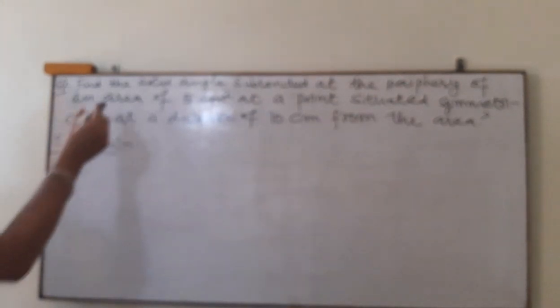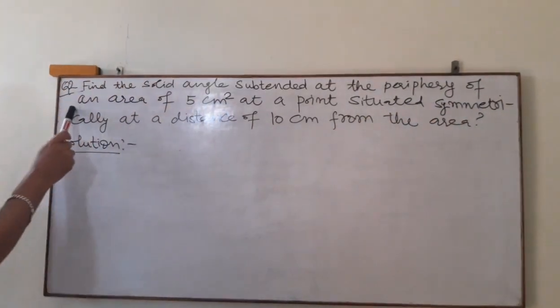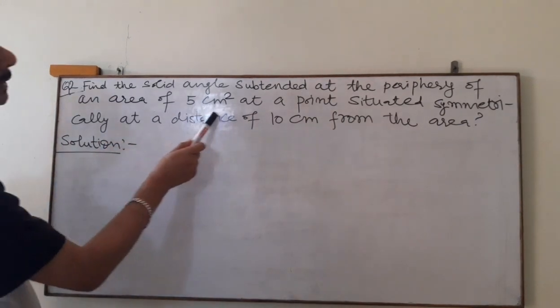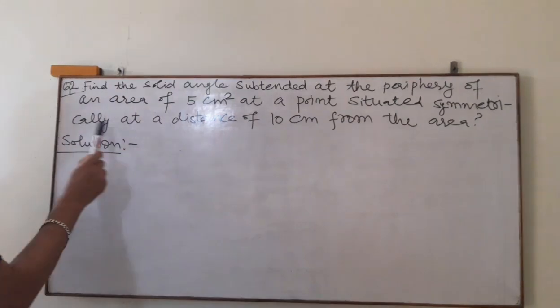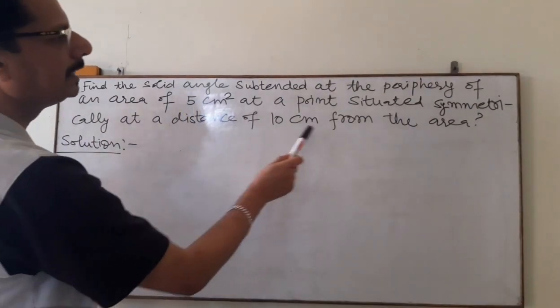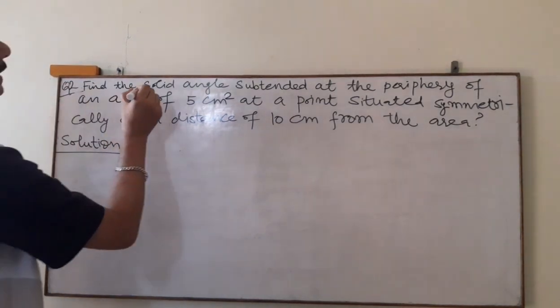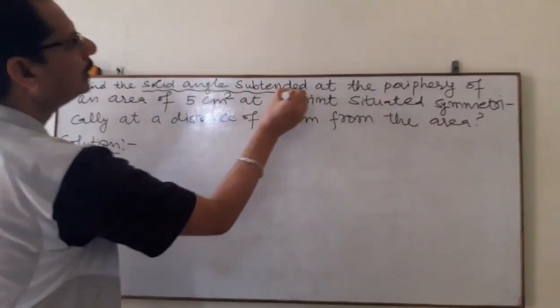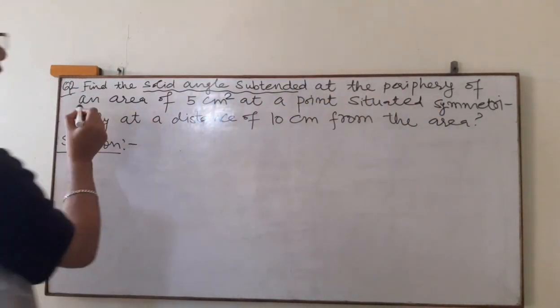find the solid angle subtended at the periphery of an area of 5 centimeter square at a point situated symmetrically at a distance of 10 centimeter from the area. So in this I have to find out the solid angle subtended at the periphery of an area.